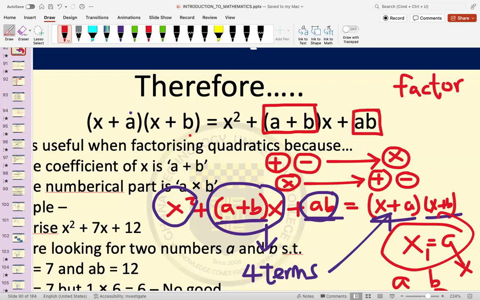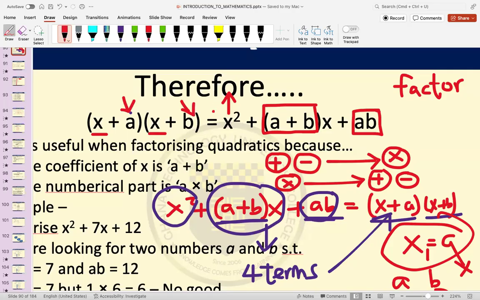So if you have two factors that start with a certain variable squared, like x squared, this x squared means you are going to get two values of x. The first one is here and the second one is here. And then the other numbers you see after the x, which are the a and the b.